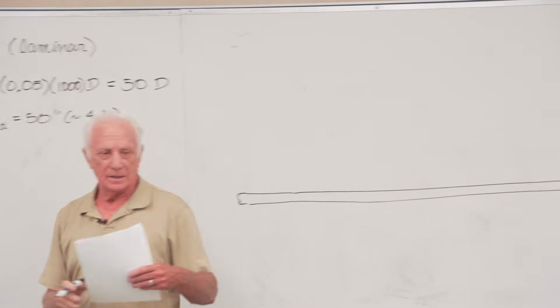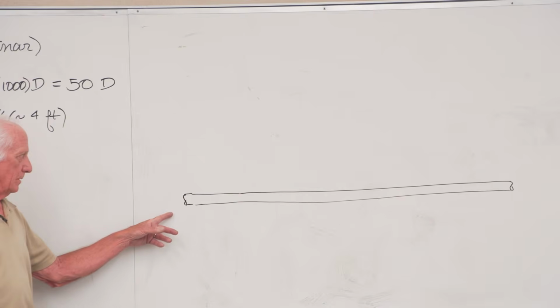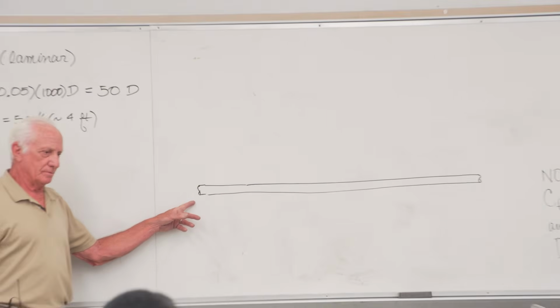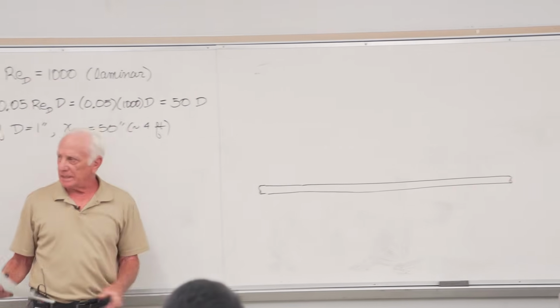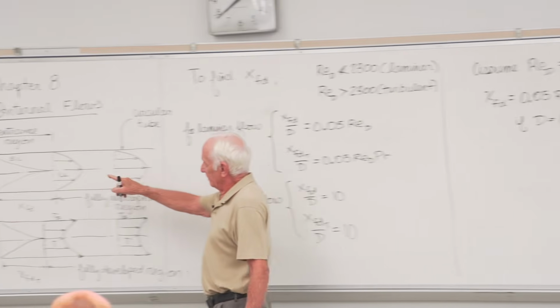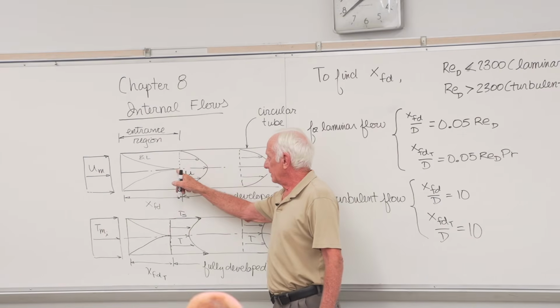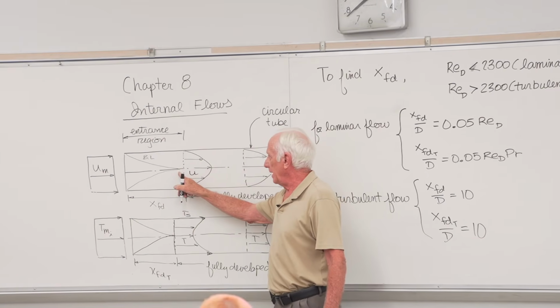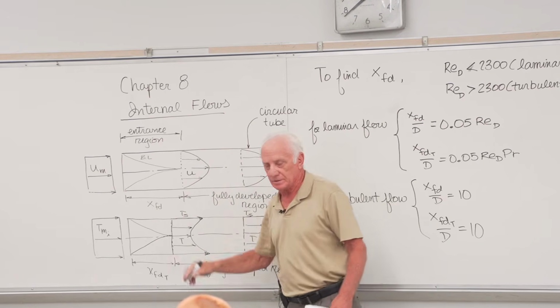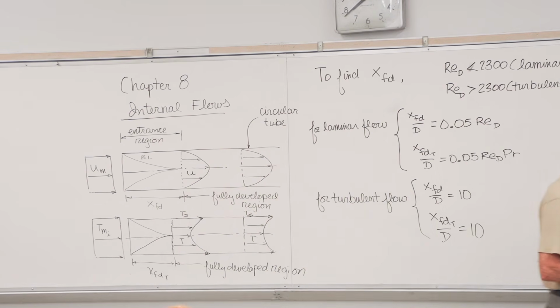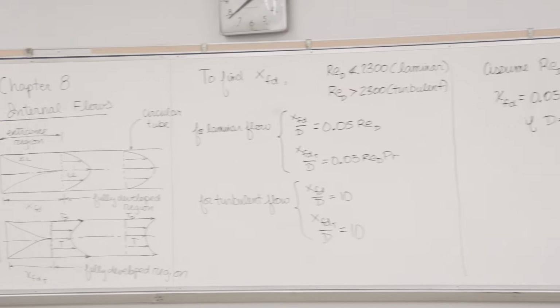So there it is, a 1 inch tube. The Reynolds number of the tube is 1,000. How long does it take before the velocity boundary layers get to the center line and combine for the fully developed region? About 4 feet. Okay.